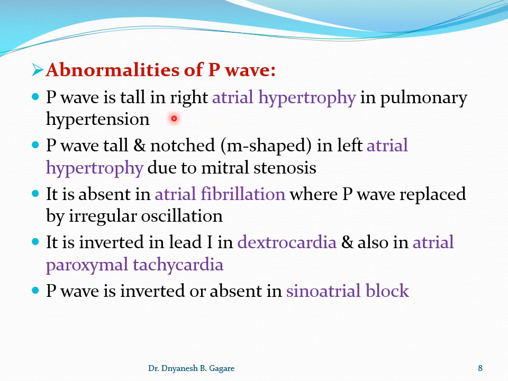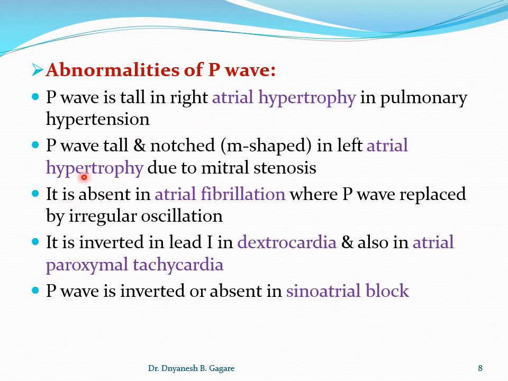So there is an increase in mass of the right atria, and an increase in mass of the atria is called atrial hypertrophy. So the P wave is tall. Tall means the height is more.